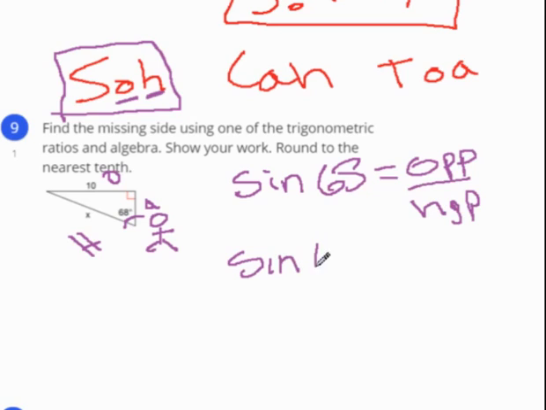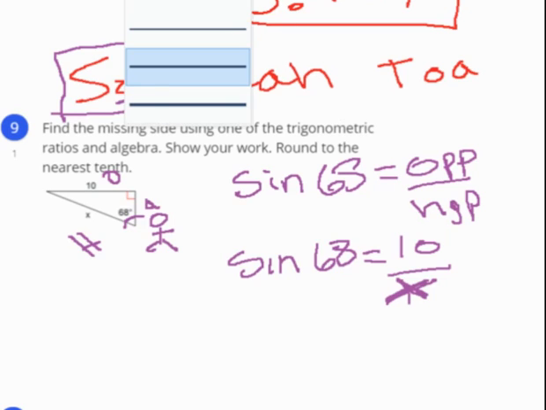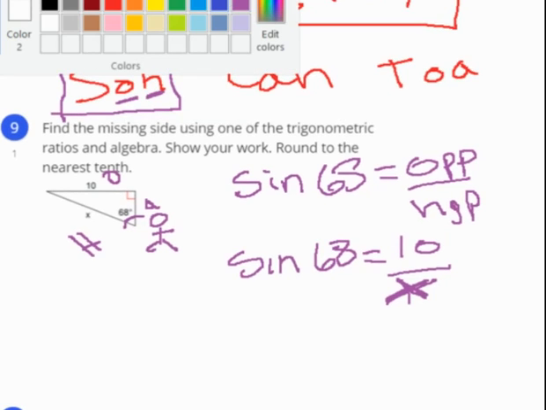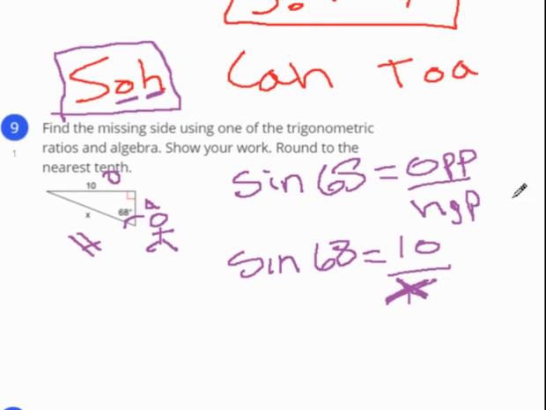So sine of 68 equals the opposite side, which is 10, over the hypotenuse side, which is x. There you go. Well, in this case, x is in the denominator, so now x is being divided. So this is going to end up being a two-step equation, because first I have to get x in the numerator.